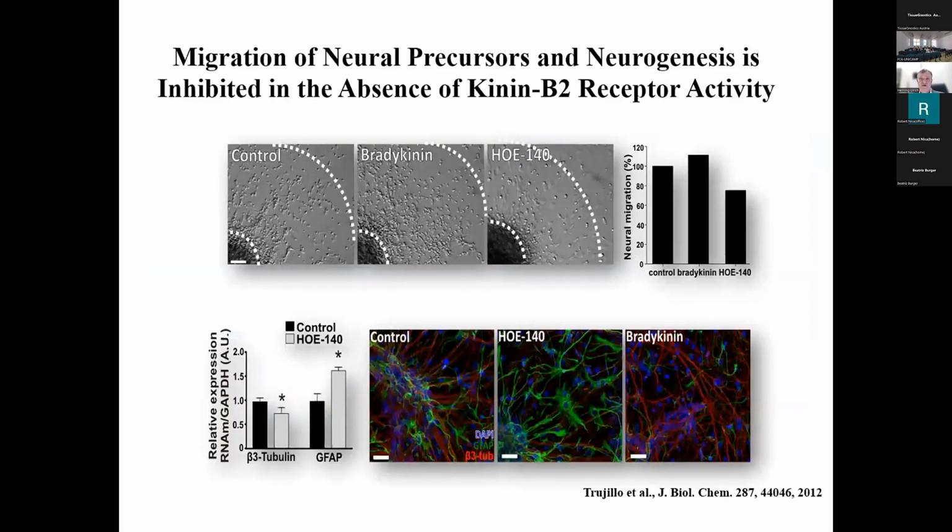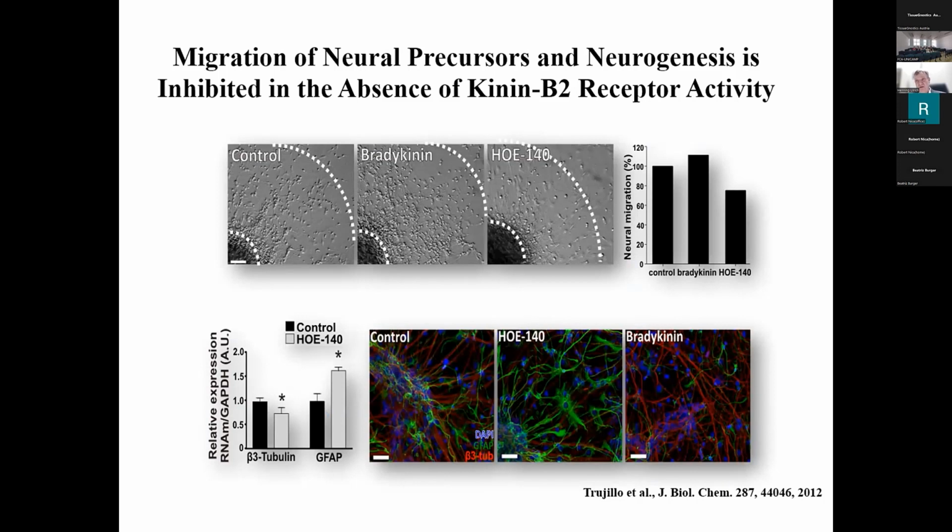And now, using the tissue-fax system, we can again detect migration of neurospheres out, and how this migration radius is affected by bradykinin or by its inhibitor HOE140. We see that bradykinin induces neurogenesis, here in red, and if we inhibit the bradykinin receptor, then we see here in green that there is a lot of GFAP, a lot of astrocytes, but much fewer neurons.